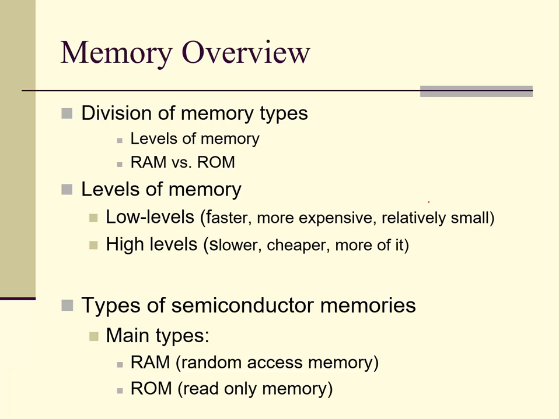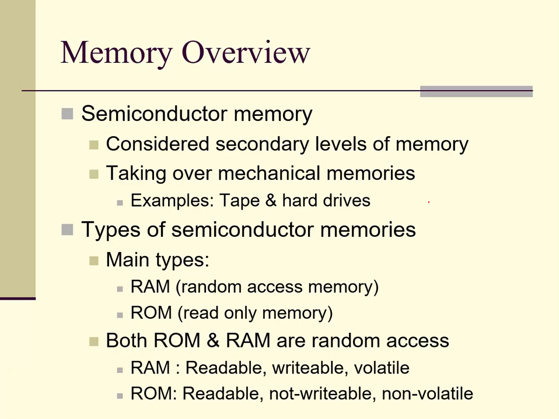The higher levels of memory are slower, cheaper, and there's more of it as well. The main types of semiconductor memories that we deal with are RAM and ROM, random access memory and read-only memory. Both of these devices are actually random access. Random access means that I can get any piece of data out of that memory in the same amount of time, which is not true of a hard drive or a tape drive.